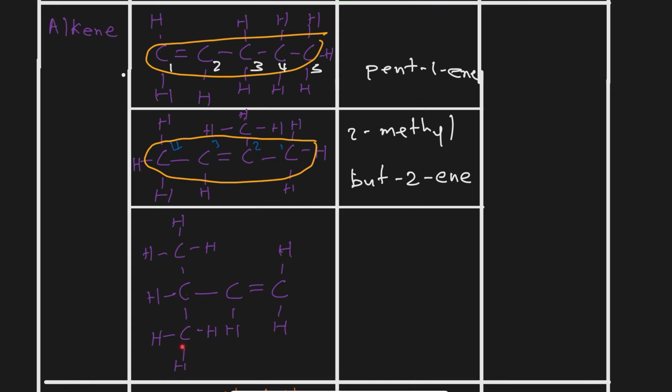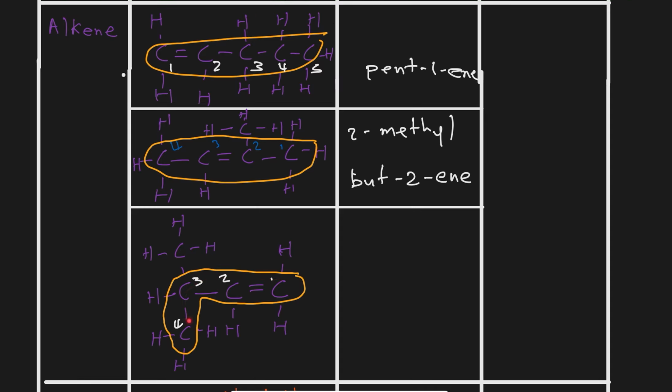So whichever longest chain you take is going to have 4 carbons. Now we can take this as our longest chain. But remember, we always give preference to where the functional group is. So we are going to name this from this carbon here. We say this is carbon 1, carbon 2, carbon 3, carbon 4. So if we have a particular direction, we should name it in that particular way.